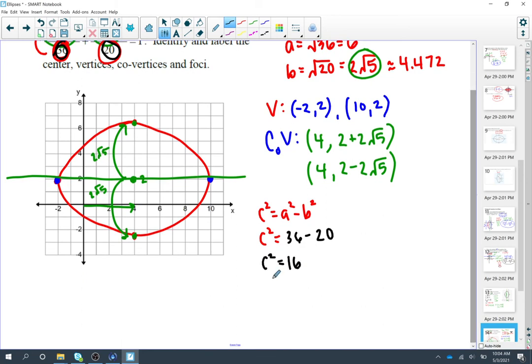And then we take a square root. We know our c value is plus or minus 4. So if I come back to my center, I'm going to go 4. 1, 2, 3, 4, which is going to give me my first focus. Back 4, 1, 2, 3, 4. That's going to give me my second focus. So then my foci are at 0, 2, and 8, 2.